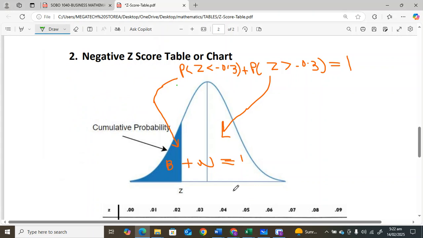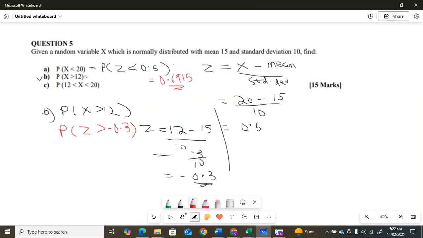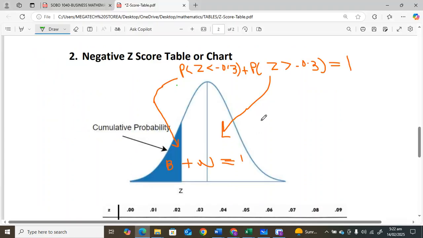No, no, no. We only do this when this sign is pointing to the right, and we're using this kind of table which is giving you the area to the left.